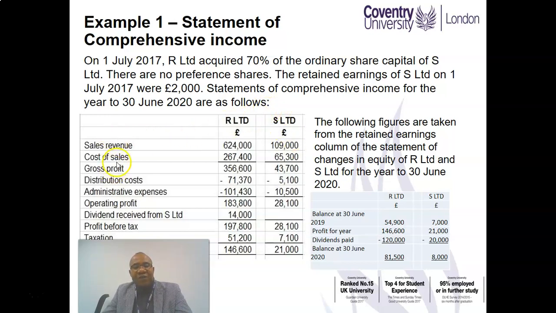As for the cost of sales, we will also add 267,400 plus 65,300 less the same 8,000 of goods sold to S Limited. But additionally, there is 1,500 of unrealized profit in the inventory of S Limited. So we will add the 1,500 to the cost of sales. Let us now look at the solution.